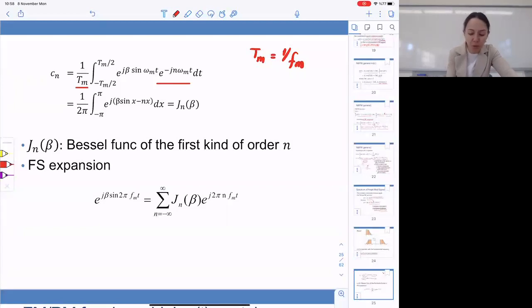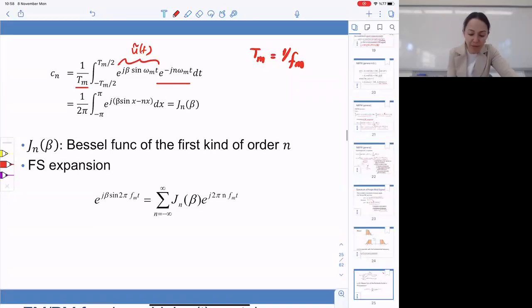Okay, so this is our u tilde of t with fundamental frequency omega m in radians per second.